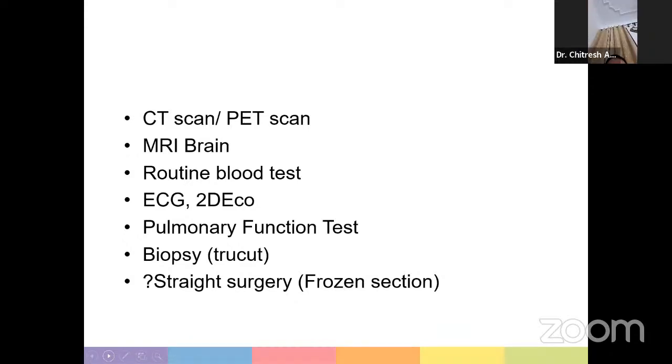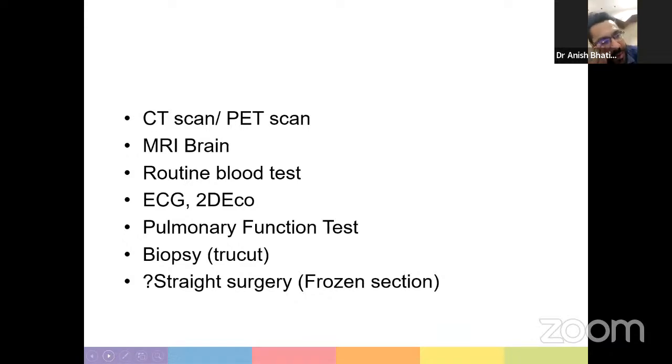Suppose it's a peripheral 1 centimeter tumor and it is clinically T1, will you still do an EBUS, or do you take the value of the PET scan as it is? Yes, sir. This is again more of a theoretical thing for discussion, because by and large I am yet to see in my practice a 1 centimeter lung nodule proven malignancy that we are going to go for definitive treatment.